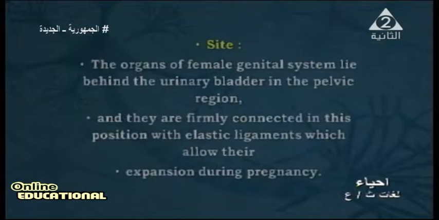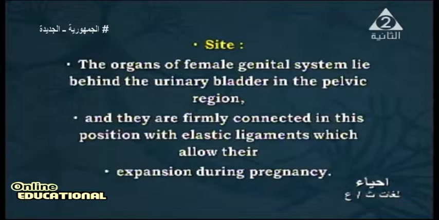Now let us describe where the organs are located. The organs of the female genital system are found behind the urinary bladder in the pelvic region, and they are connected with elastic ligaments that allow their expansion during pregnancy.